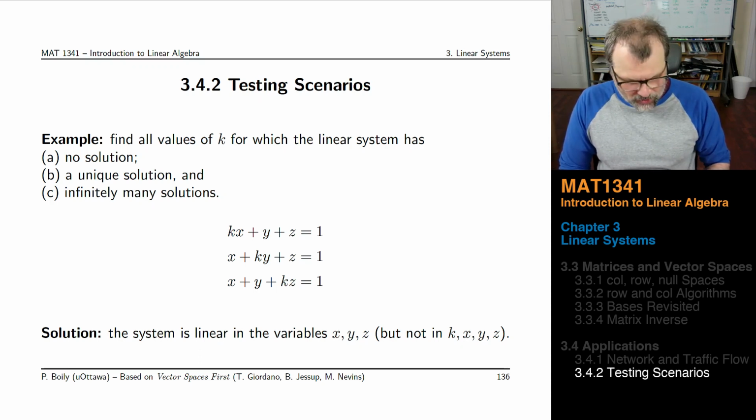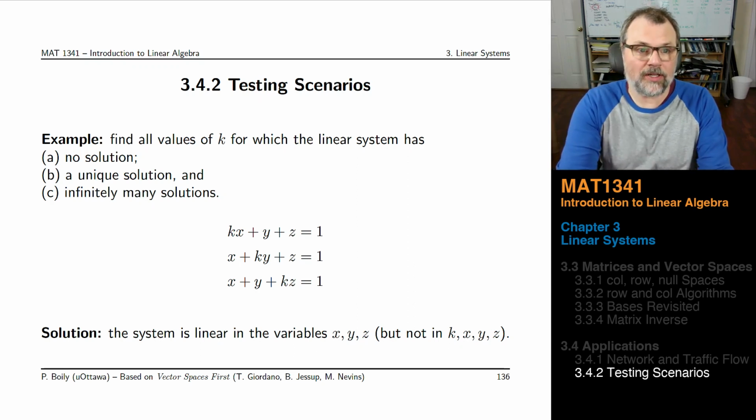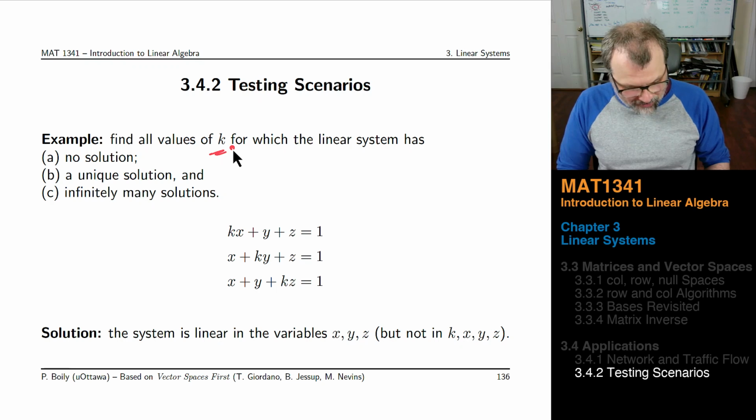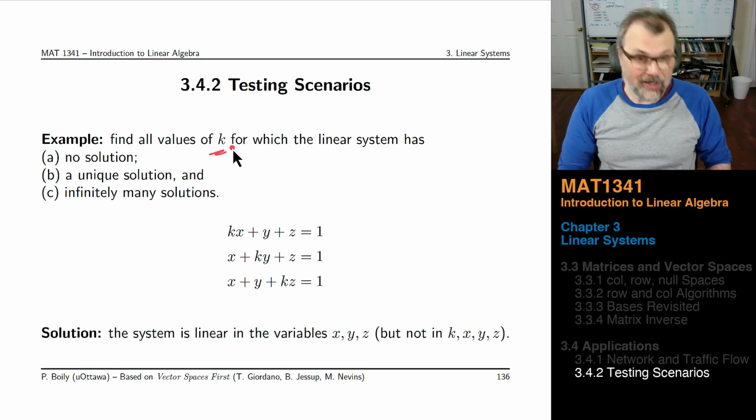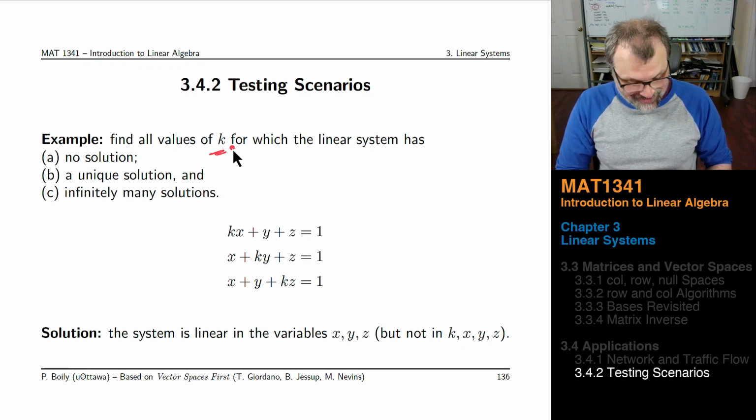The parameter in question is k. There's only one in this example. Tell me what the possible values of k are in each of the three typical linear system scenarios. So we test for parameter values in each of the scenarios.